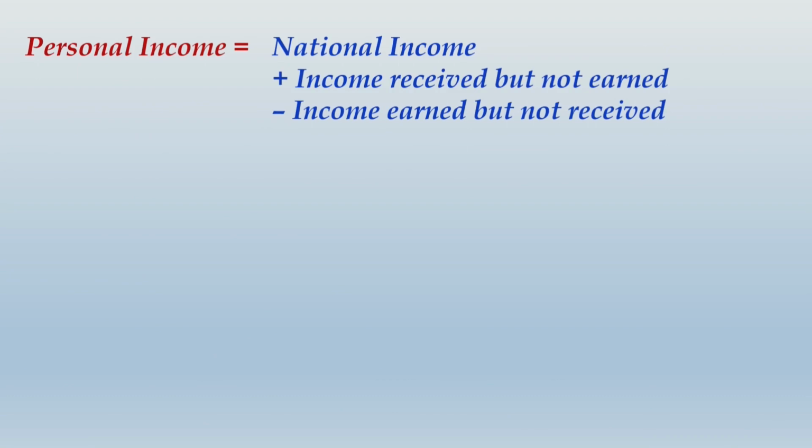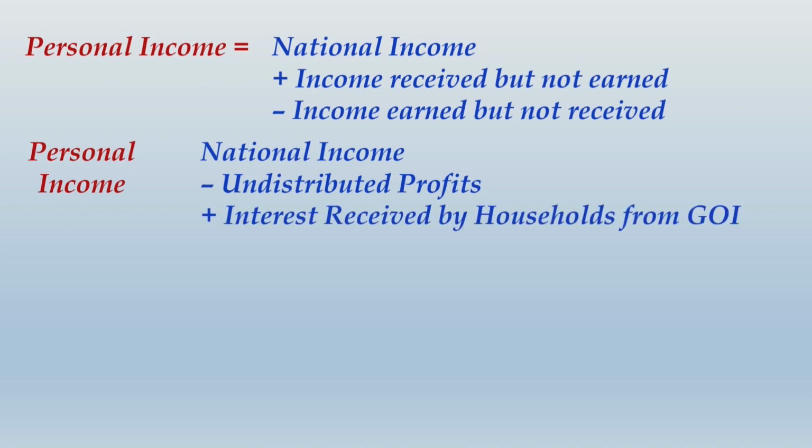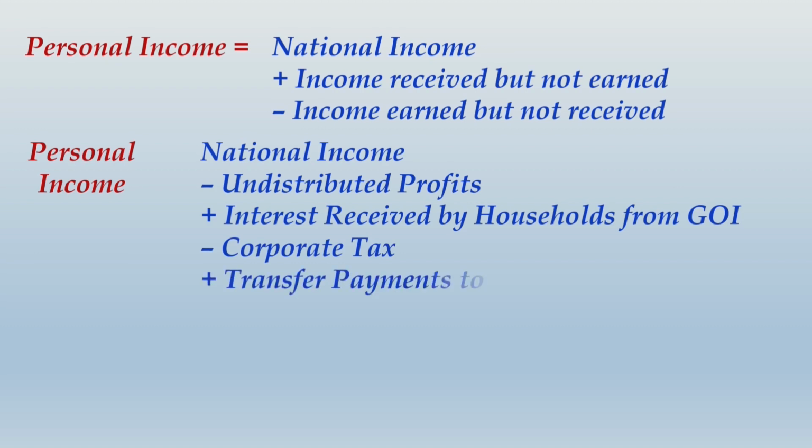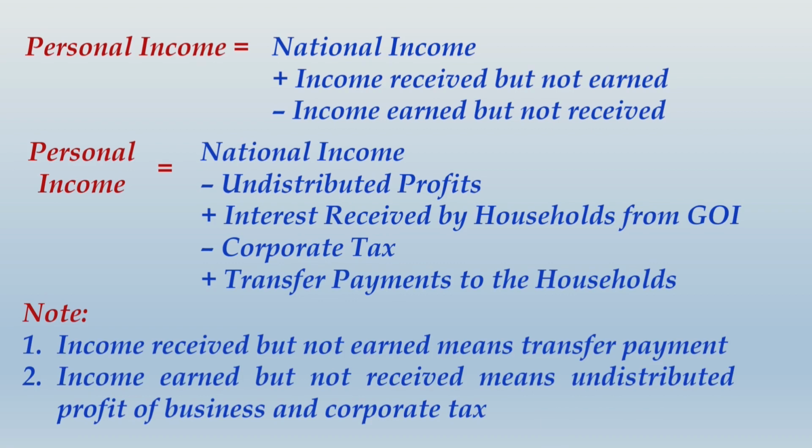To go into a little more detail, personal income will be national income minus undistributed profit plus interest received by household from Government of India minus corporate taxes plus transfer payments to the household. And let us write some notes over here. Income received but not earned means transfer payments. Income earned but not received means undistributed profits of business and corporate tax.